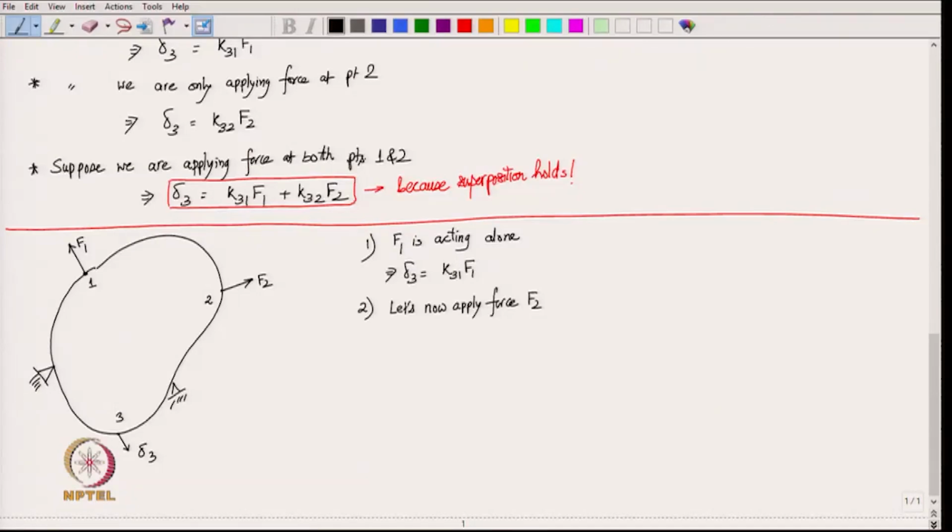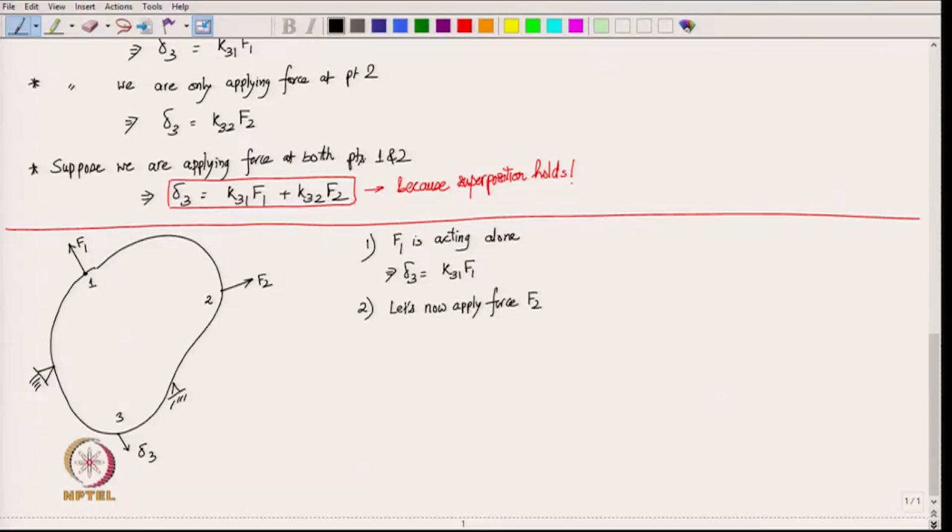Initially, there was nothing acting on the body, then you applied force F1, the influence coefficient was K31, but now the body has deformed due to the application of force 1, and then you are applying force 2 at the point 2 in the deformed body.